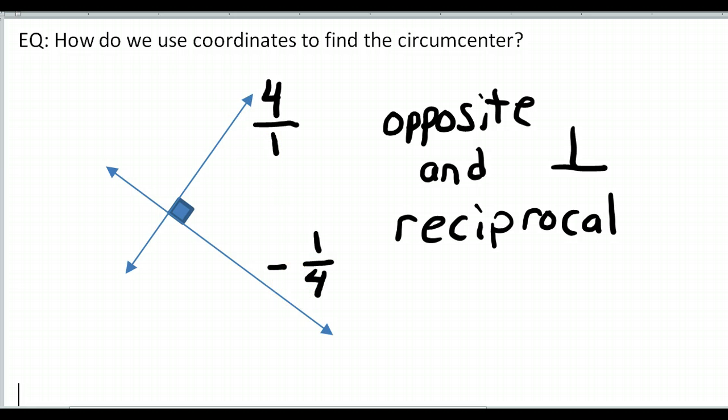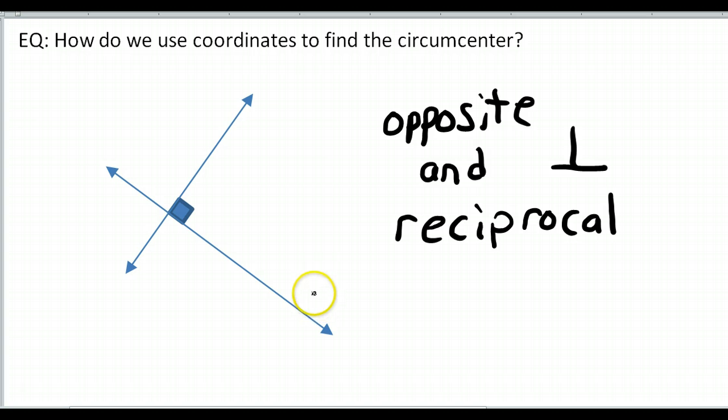Okay, let's do one more. Let's say the slope of this line was negative 3. What would be the slope of this line? That would be positive 1/3. Let's do one more.